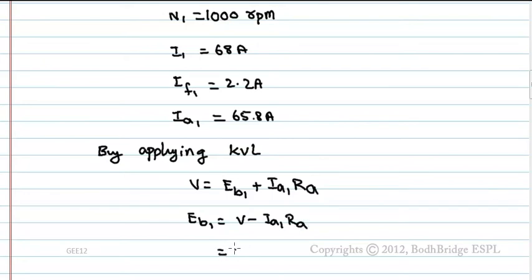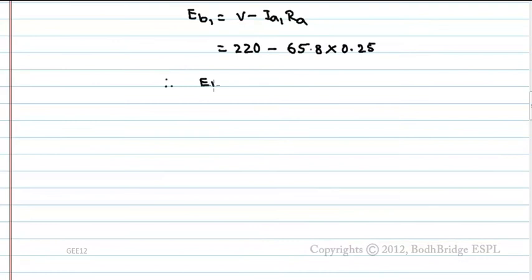V is 220 volts, IA1 is 65.8 amperes, into RA, 0.25 ohms. Therefore, EB1 equals 203.55 volts.